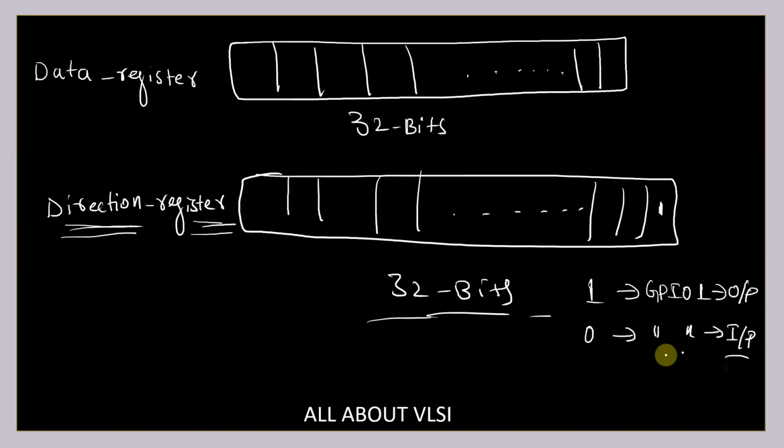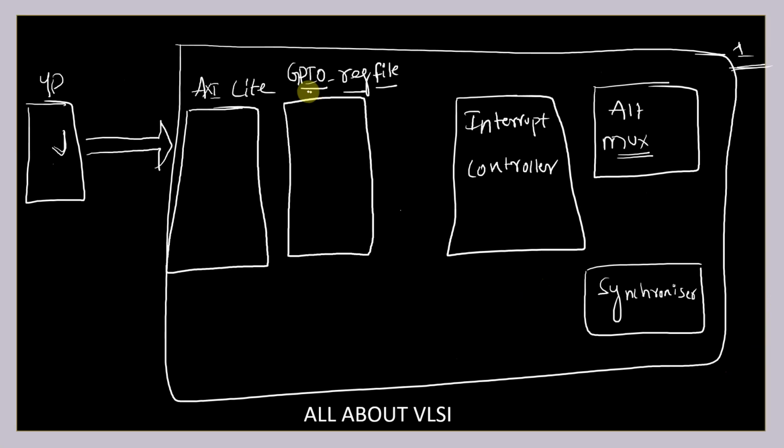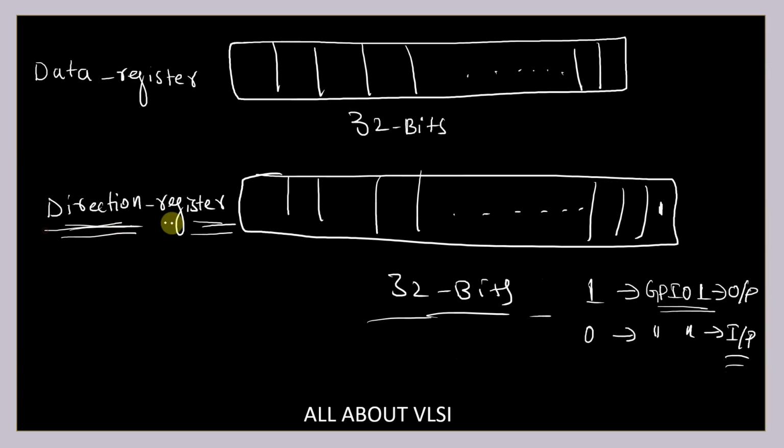So if you are a processor and you want to configure GPIO 1 as an output or an input, you need to go to the GPIO register file and search for the direction register. After you have found the direction register, you need to configure this bit to be 1 if you want the GPIO to be an output, and if you want it to be an input, you need to configure this bit to 0.